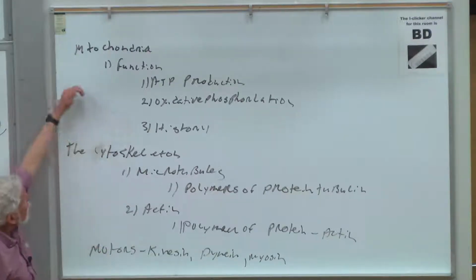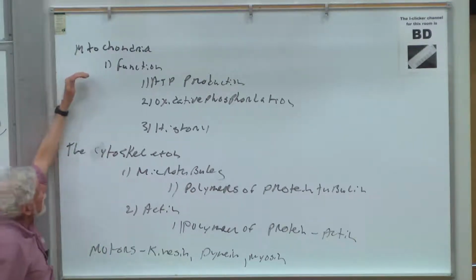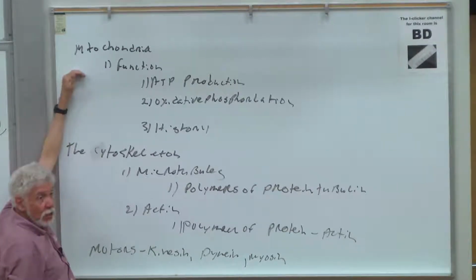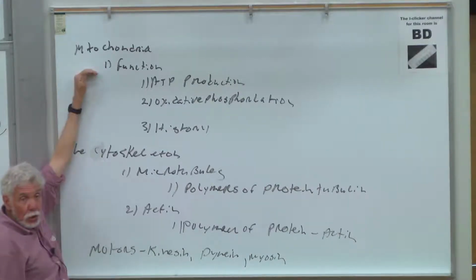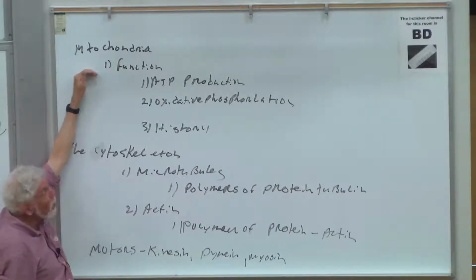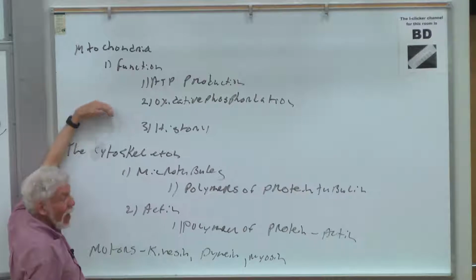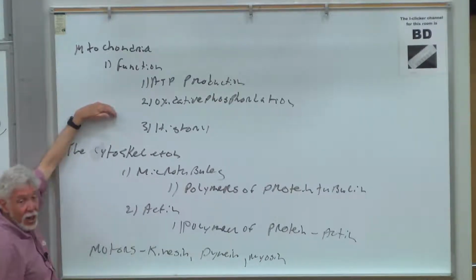And so what we think happened is that some predatory cell gobbled up one of these bacteria that had figured out a way to use the oxygen-rich environment to make ATP, and that bacterium set up housekeeping inside that cell.